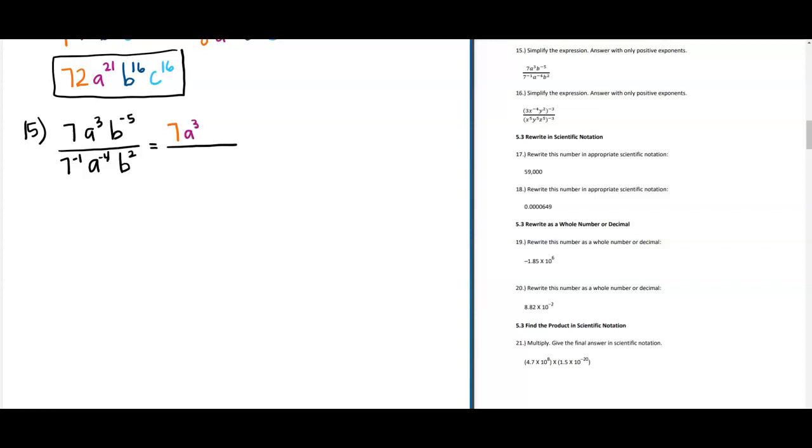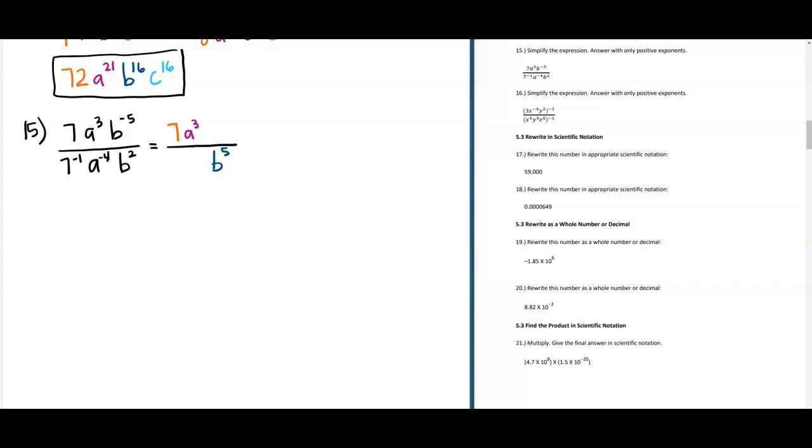Now b to the negative fifth, not happy, right? That means that one wants to go downstairs. So I'm going to flip that downstairs, and that will be b to the fifth power down there. And now it's positive, now it's happy.